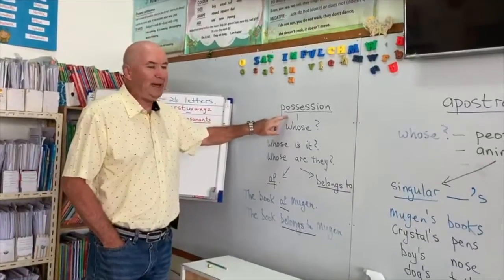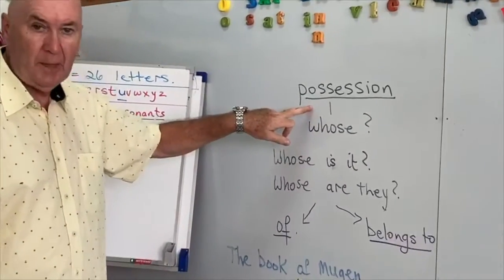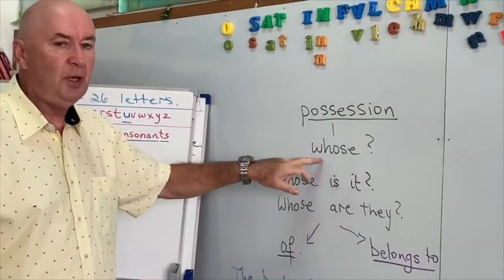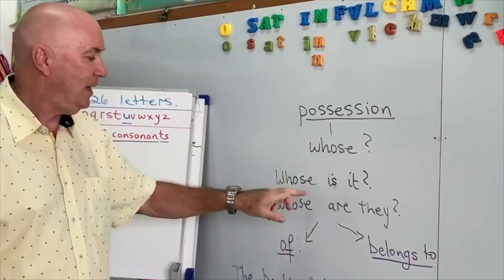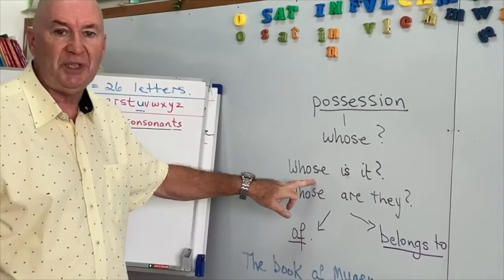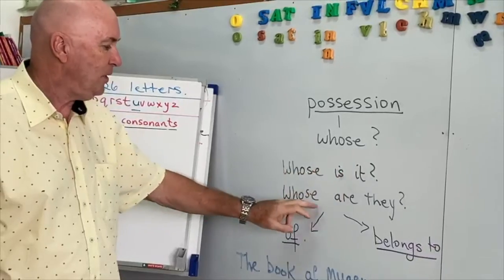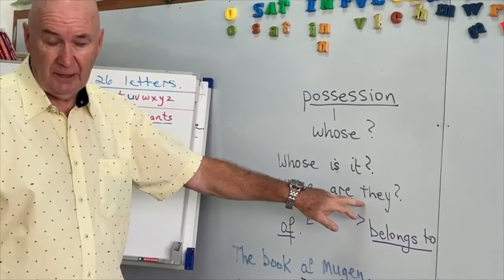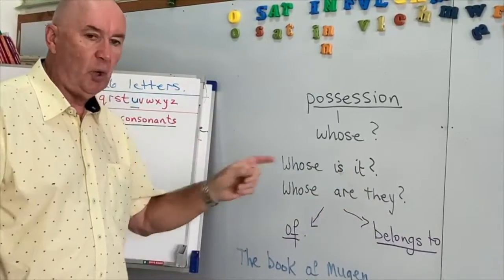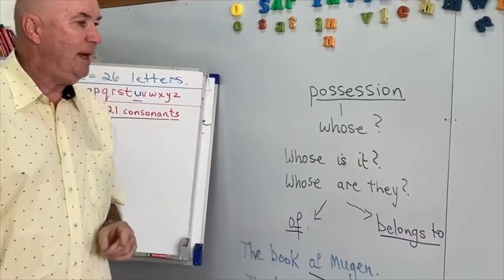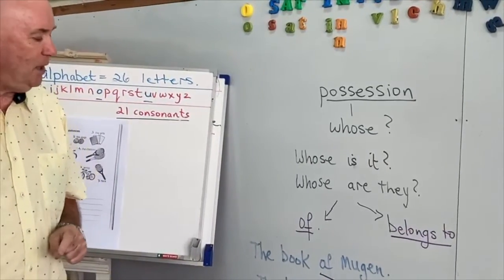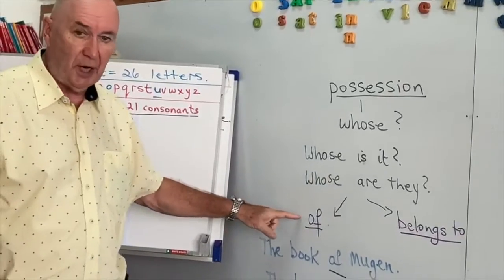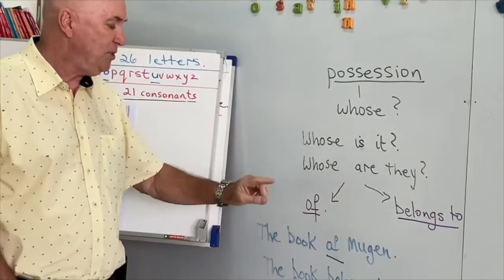We were looking at possession. Possession means whose, and we would then say whose is it if it's one thing, or whose are they if we're talking about more than one thing. And on Monday we looked at using the word of. So whose is it?